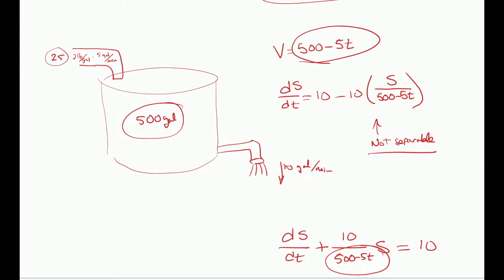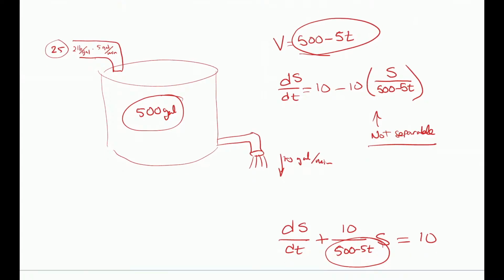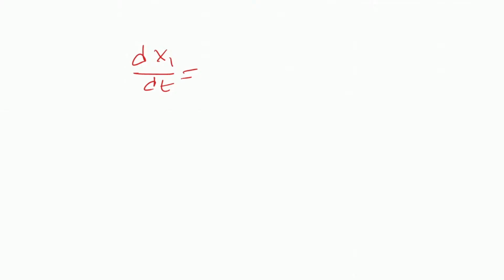Yeah, let's take a look at 9b. Okay, let's see if we can do this. So first off, dx1 over dt. I'm not going to bother redrawing this, but we're moving 2 gallons per minute out of, does it say how much?